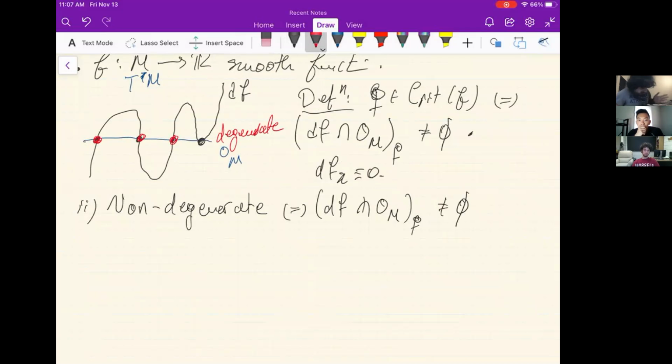By transversality, the tangent space of the cotangent bundle can be split as a direct sum of the tangent space of the graph of df and that of the zero section.